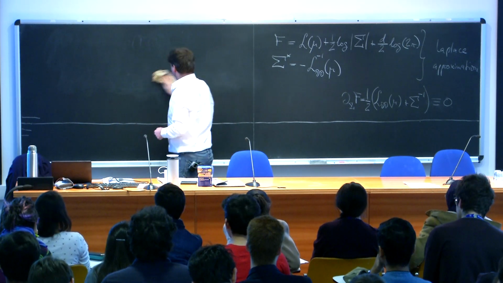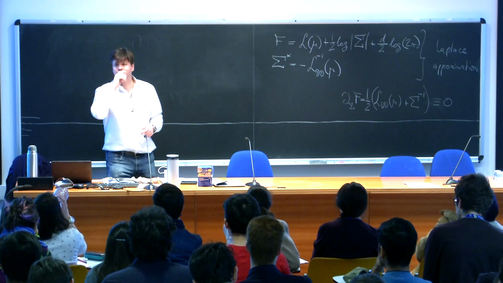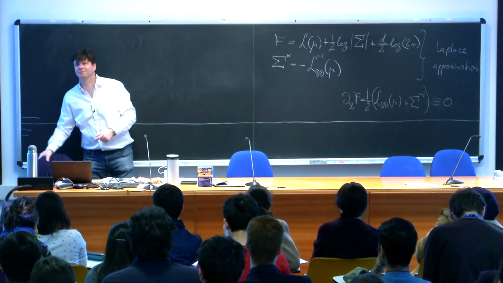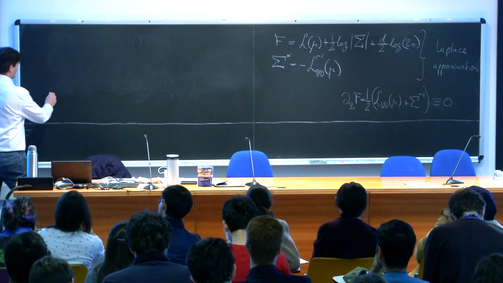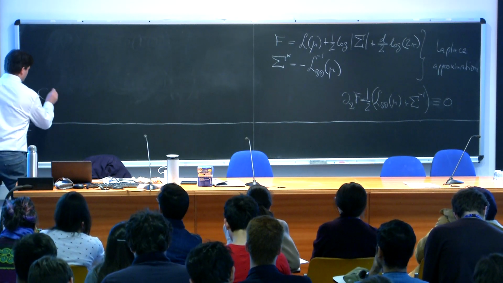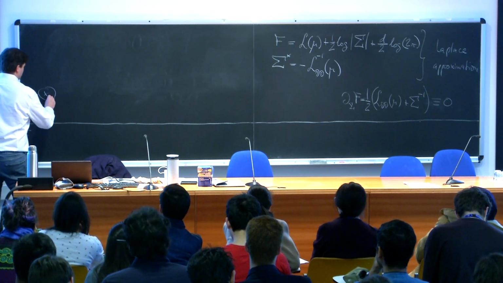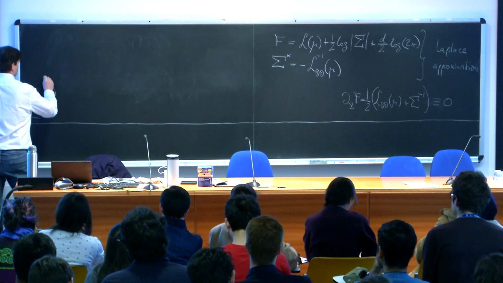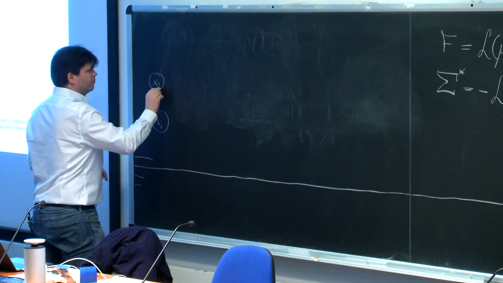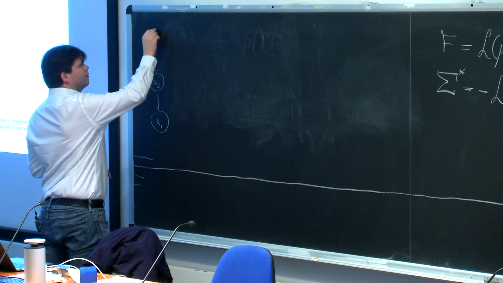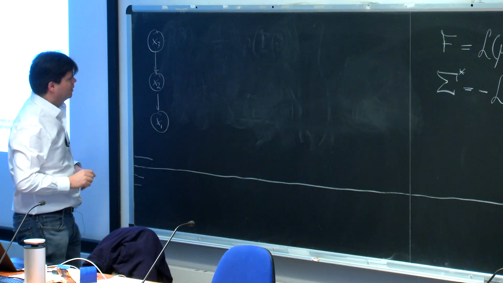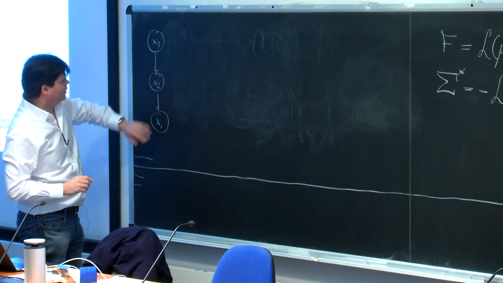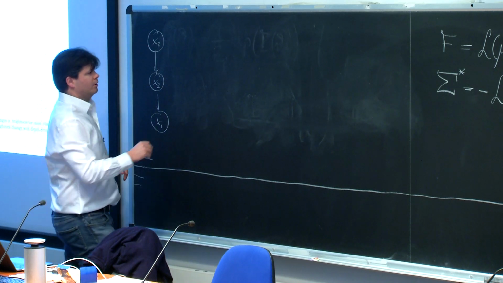That is exactly the point of the hierarchy. That is exactly the point I'm going to make now. So we have layers that look like this. X1, X2, X3. Now this is how we organize a hierarchical model.